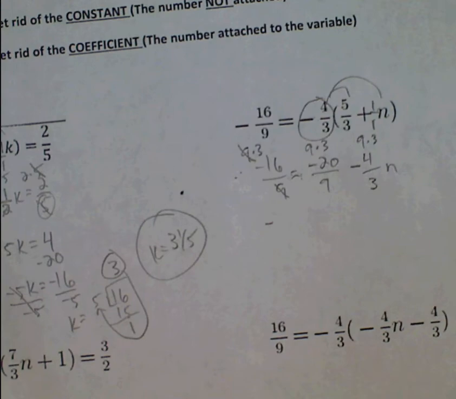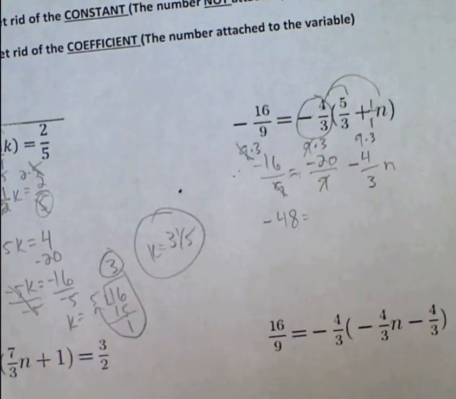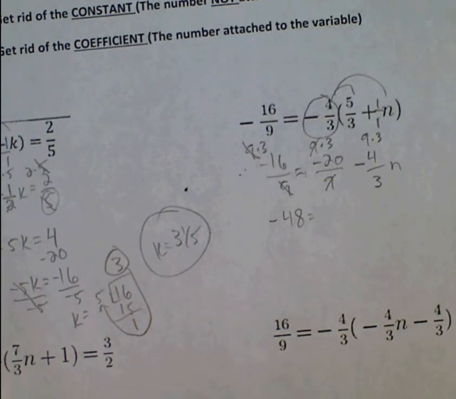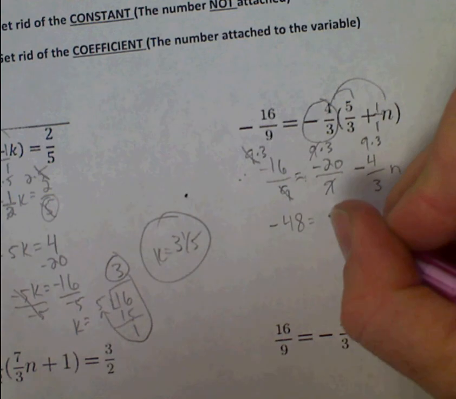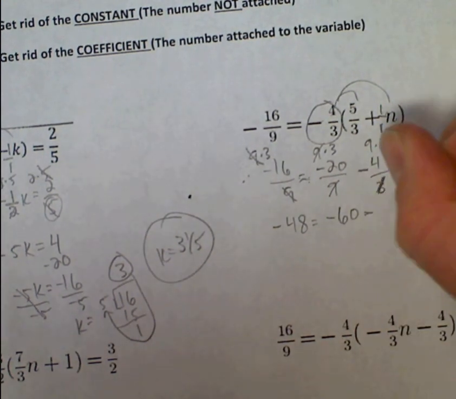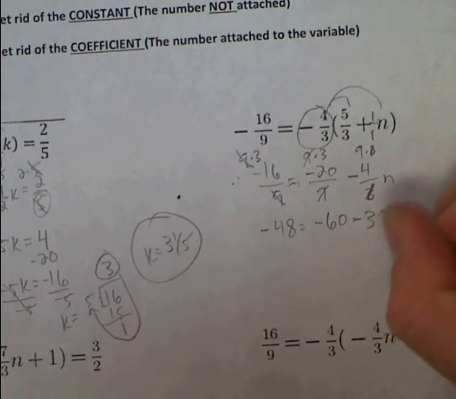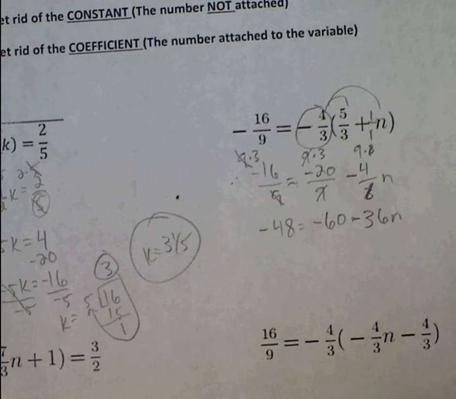So 3 times 16, I get -48. 9 and 9 cancel. So 3 times -20 is -60. Minus 9 times 4 is 36, so I got -36n.